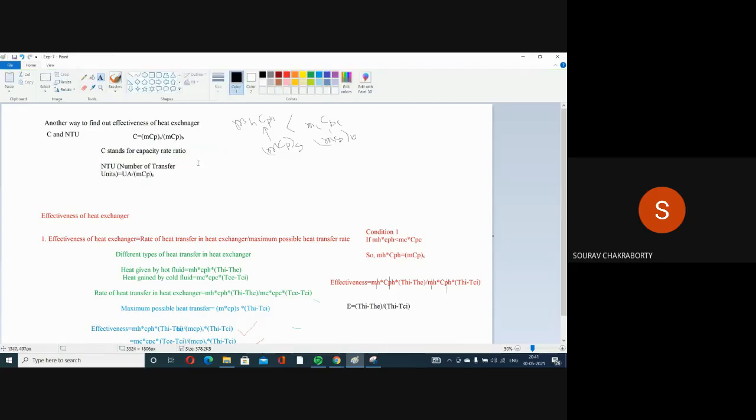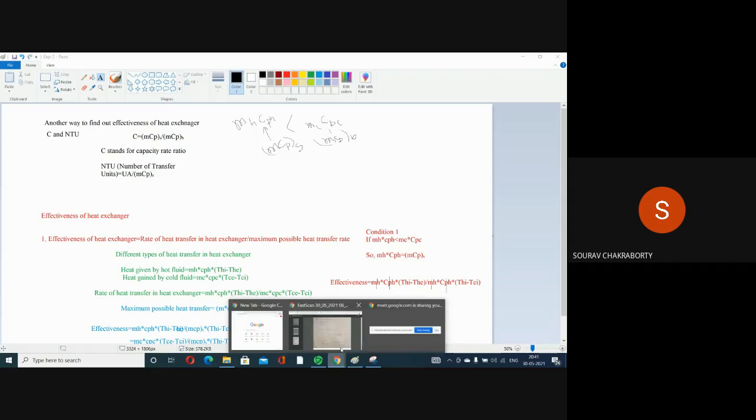So the number of transfer units will be UA, the multiplication of overall heat transfer coefficient into area, divided by MCPS, the smallest value of the capacity rate. Okay, so first of all we will find out this value, and after finding it we can find out the effectiveness.